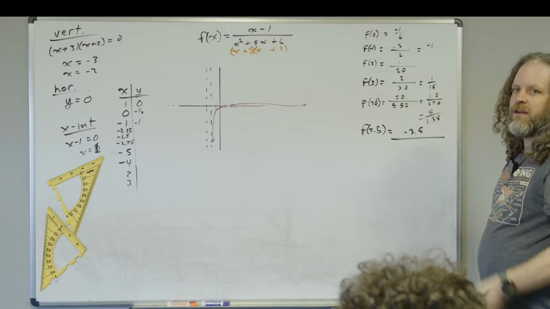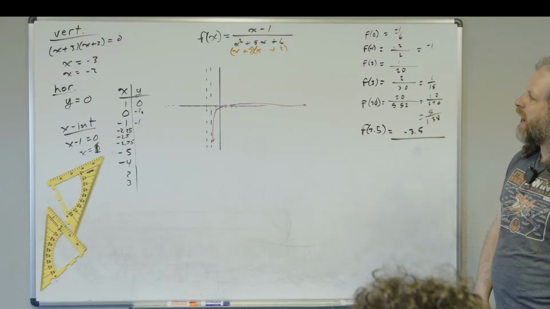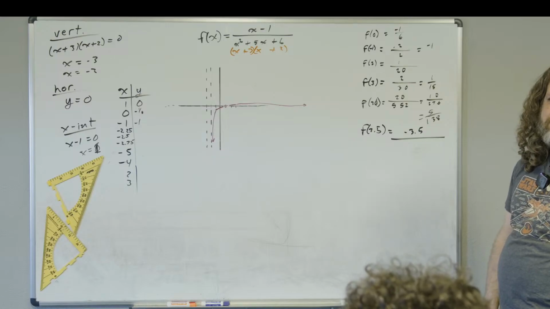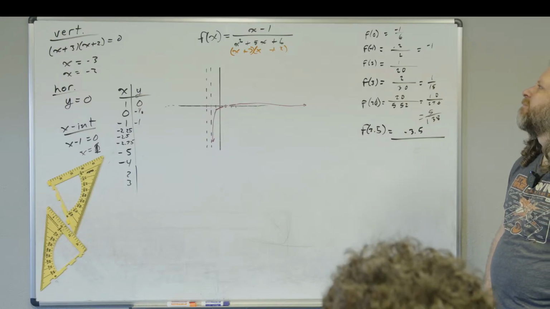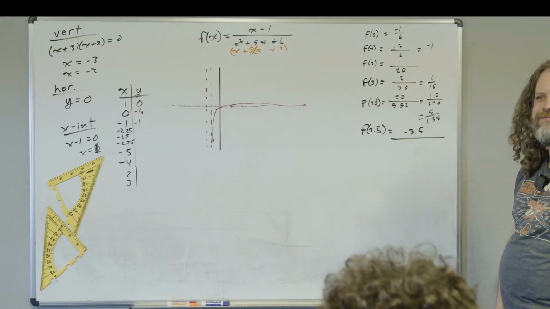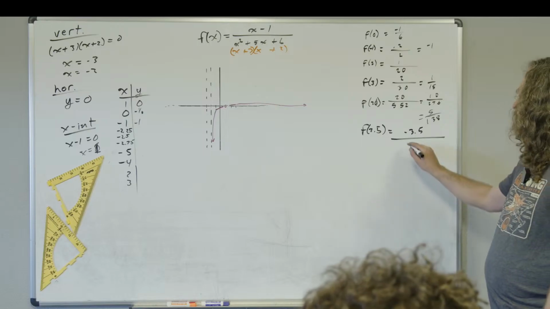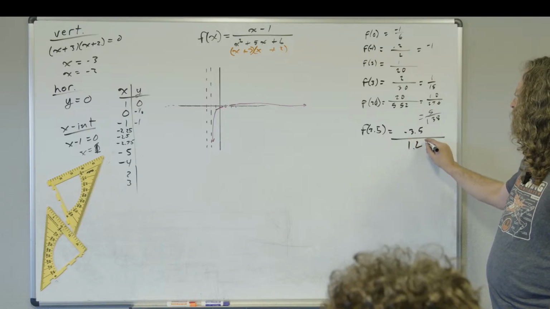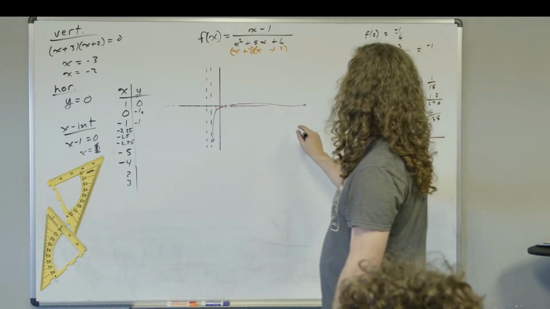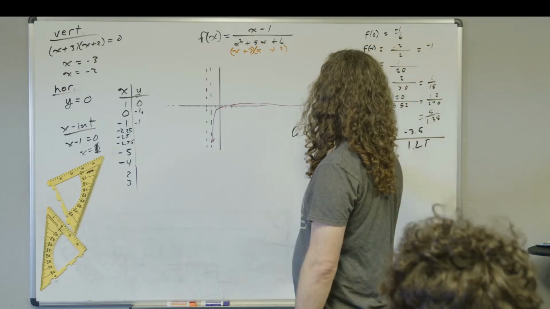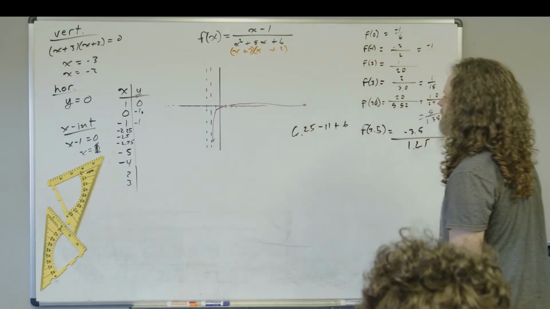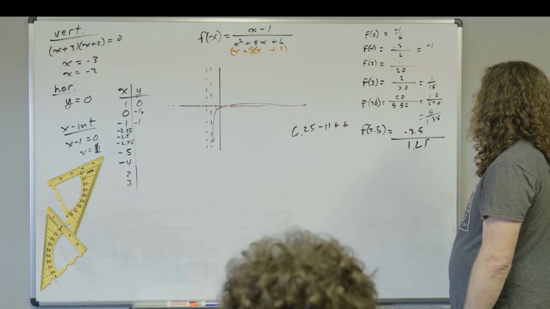6.25. Positive. 6.25 minus 11, right? Plus 6. Enter. And what do we get? 1.25. What do we get? 6.25 minus 11 plus 6. Yeah, 1.25.